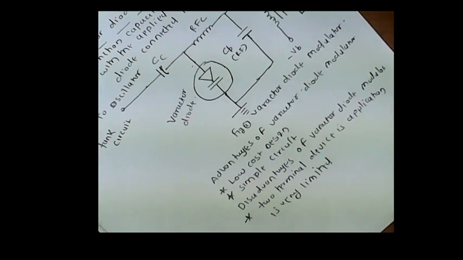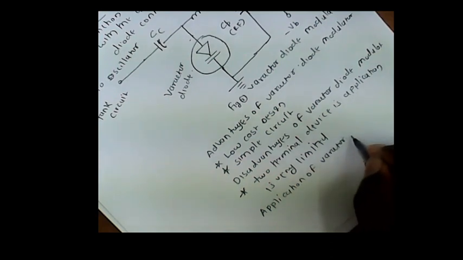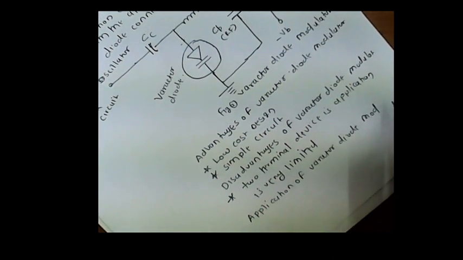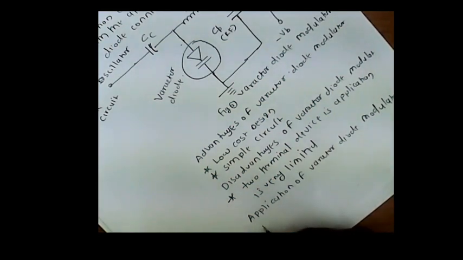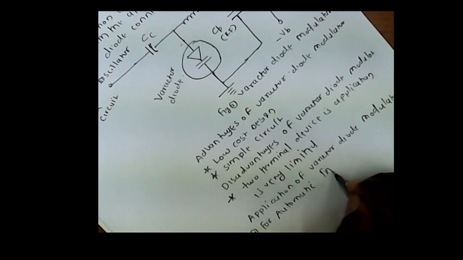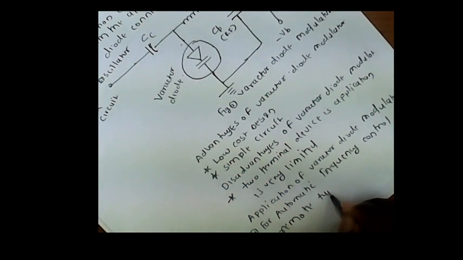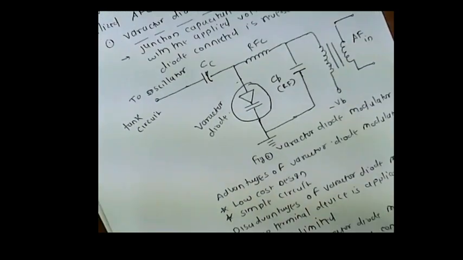It is used in remote sensing circuits, remote tuning circuits, or in automatic frequency controllers. So the applications of the varactor diode modulator are automatic frequency control and remote tuning.